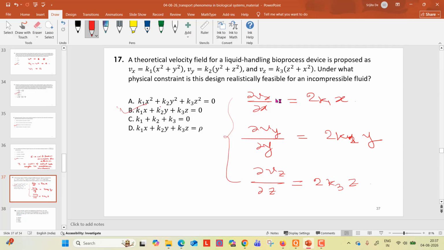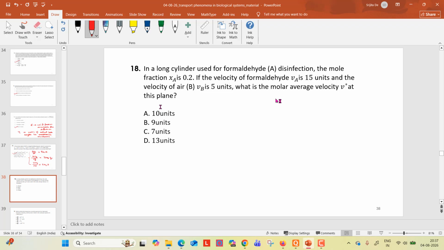Next. In a long cylinder used for formaldehyde disinfection, the mole fraction XA is 0.2.